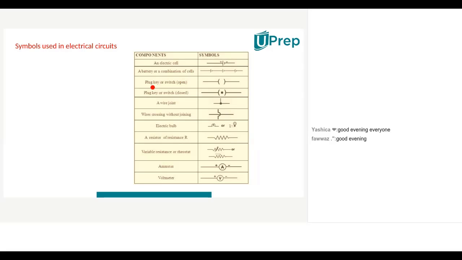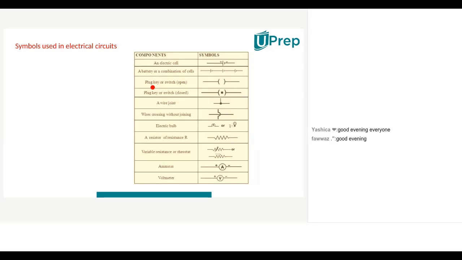And then you can see the key. If there is no dot between the closed brackets, it means the key is open and the circuit is open. And in the fourth one, there is a dot between the closed brackets, which means that this is a closed key and hence now current flows in the circuit. It is just like switch on and switch off.